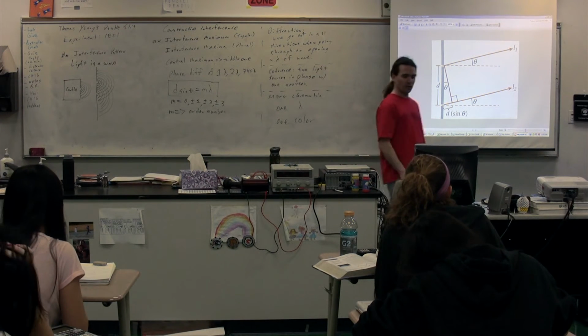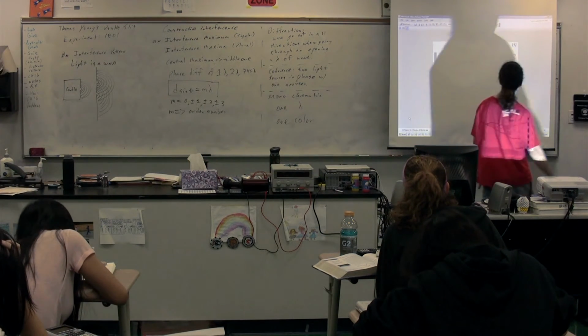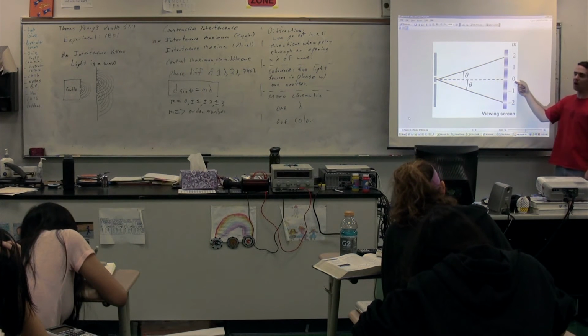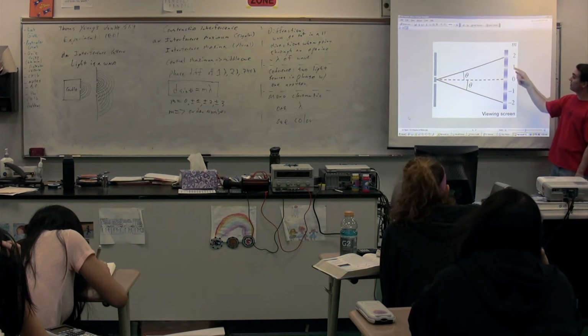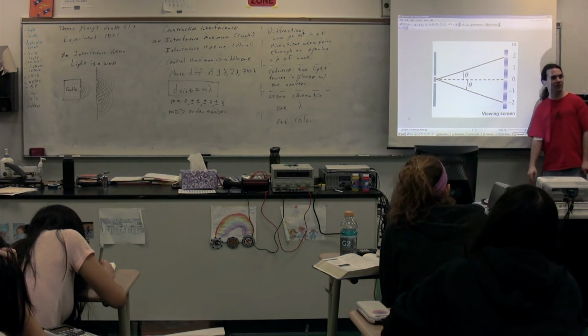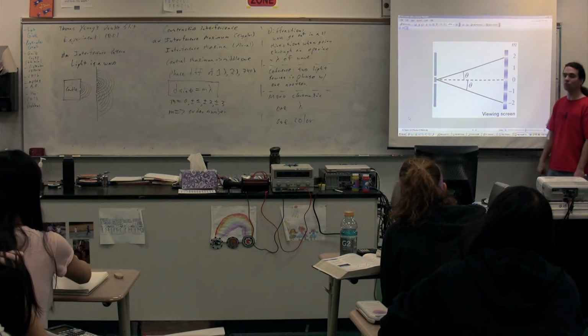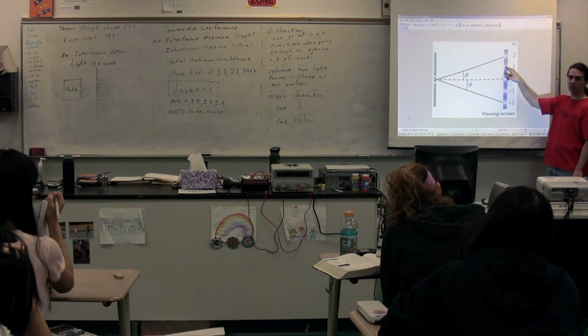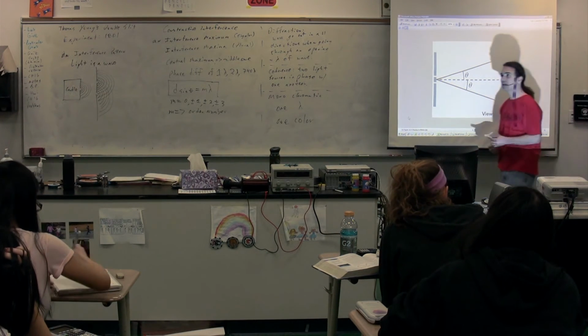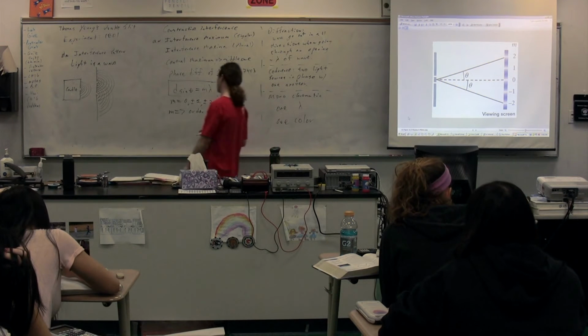In other words, the central maximum, the one in the middle, has an order number of 0. The first maximum on either side is called the first order maximum, where m is equal to 1. This is going to be the first order maximum. This one right here would be the second order maximum, and so on and so forth.